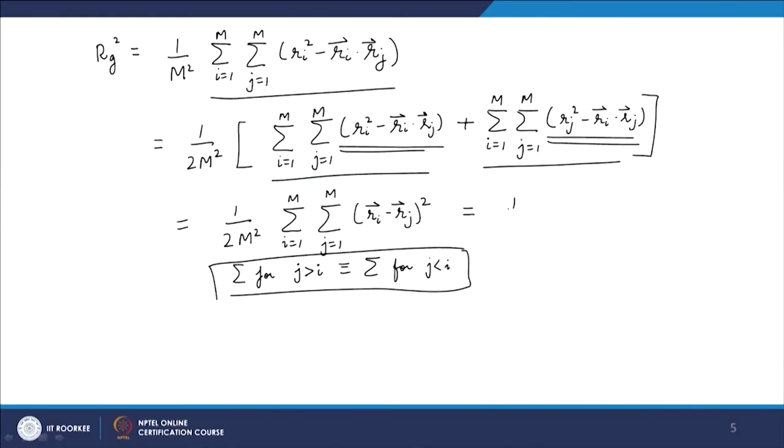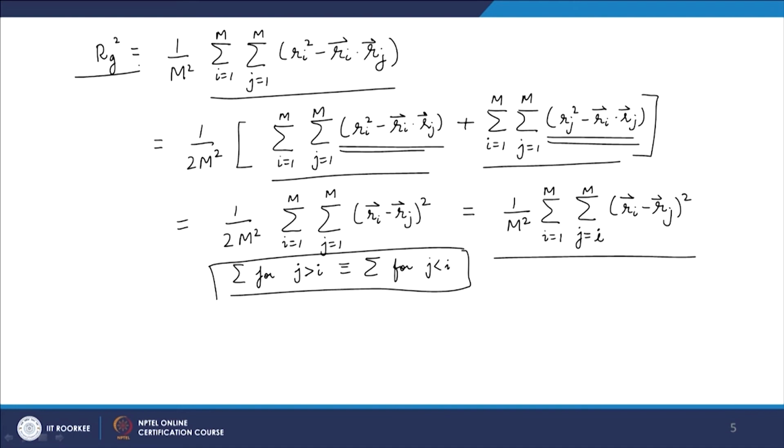The probability of i being higher than j is the same as i being smaller than j. So, by this logic, instead of summing i and j both from 1 to m, I can sum j from i to m, and get this particular relation.